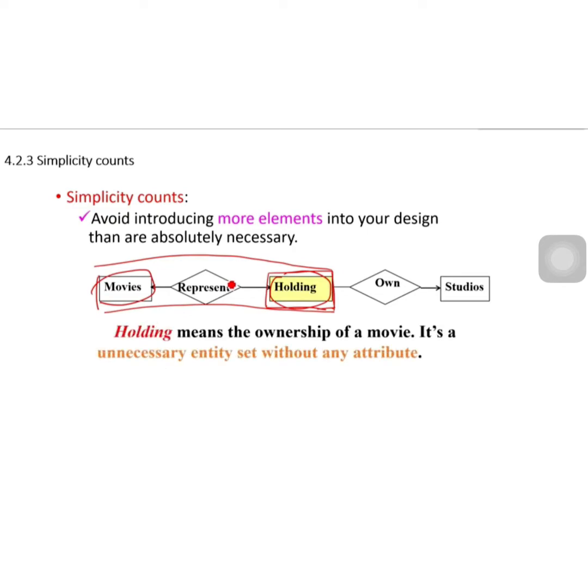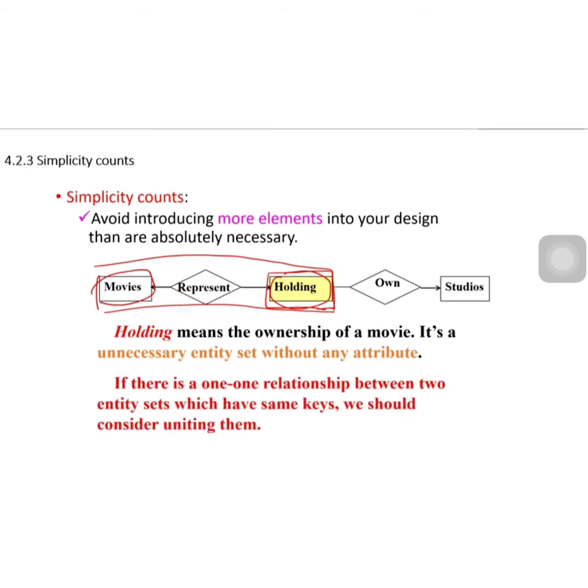If we find in an ER diagram a one-one relationship between two entity sets which have the same keys, we should consider uniting them. So we unite these two together. Just one movies entity set is okay. The other is unnecessary. It simplifies.